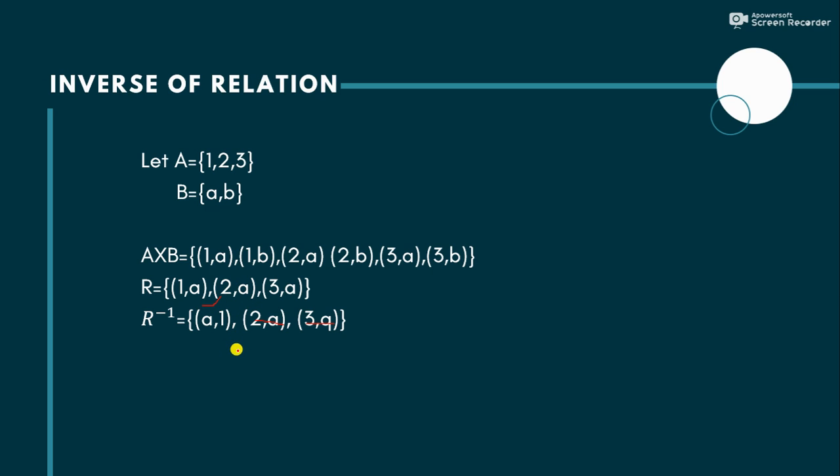So 2A. So we can find the inverse of the relation as A and 2. So this is the inverse of the relation, and another relation would be A comma 3. These two relations are the inverse of the relation. A1 is okay because we need to swap the element, with A as the first element and 1 as the second element.